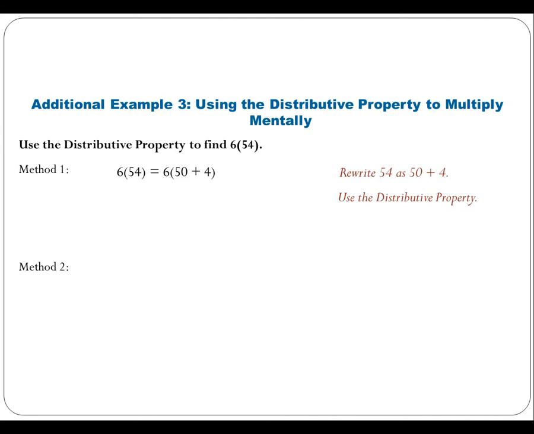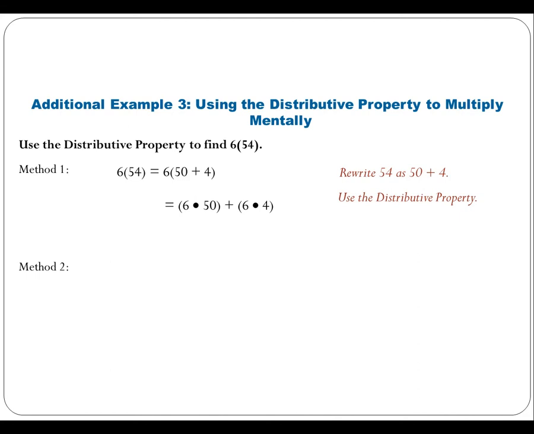300. And the way that Denver possibly just did that is he knew that 6 times 5 is 30. So that means that if there's an extra 0 in one of your multipliers, there's just an extra 0 with the product. So we have 6 times 50 we have to distribute. We just found out that that is 300.